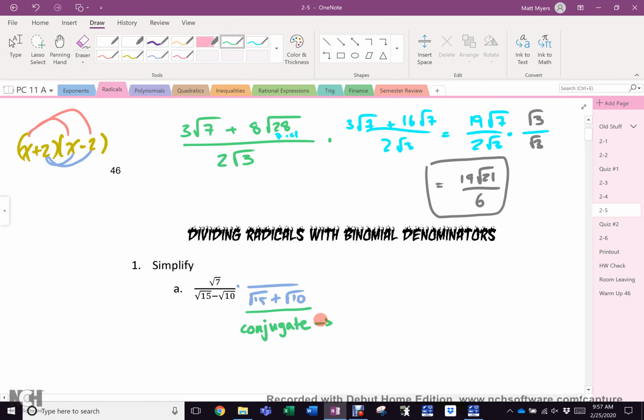And the conjugate is the same binomial terms, but the opposite sign.